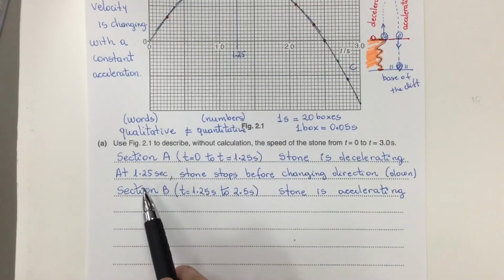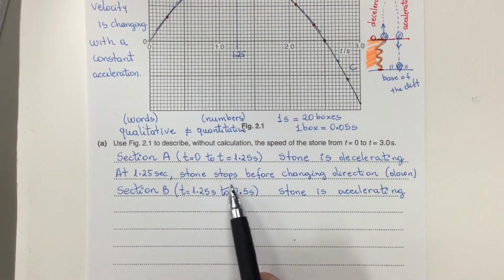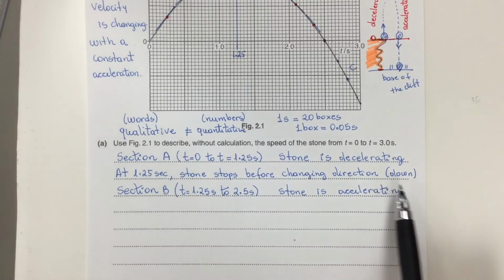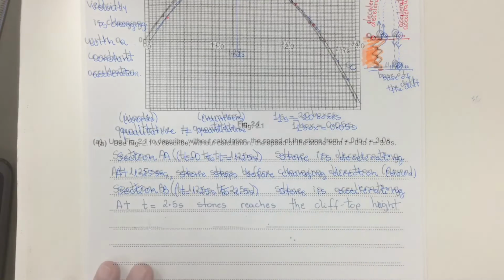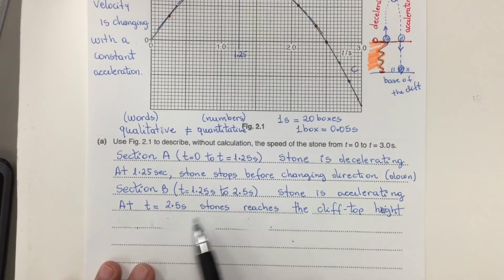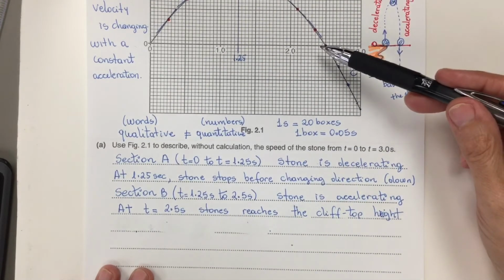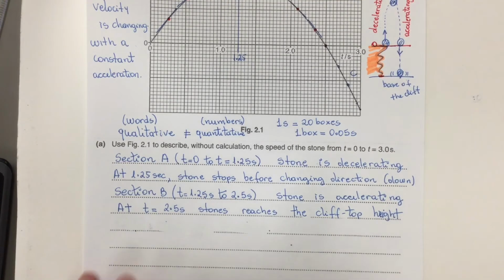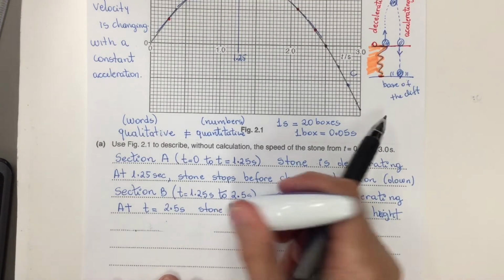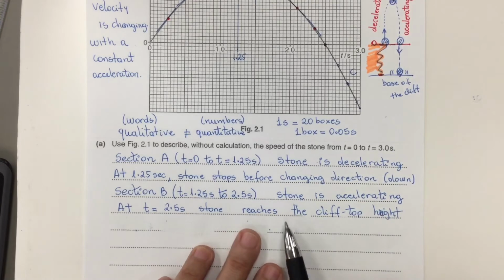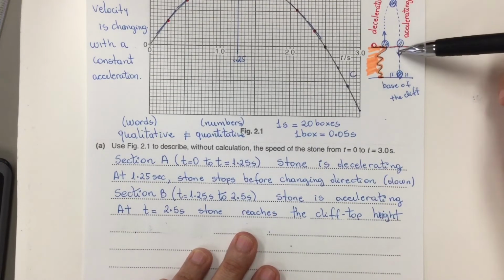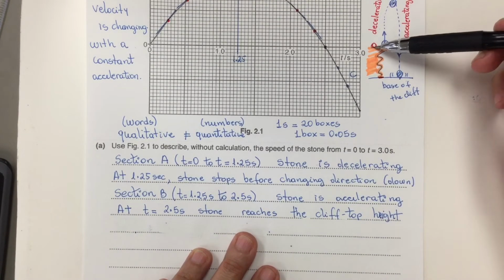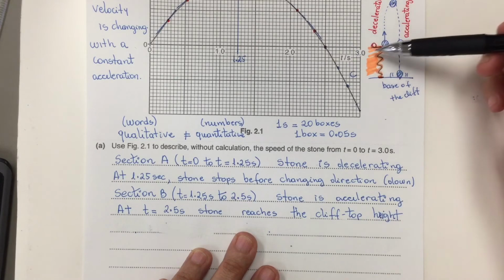At 1.25 seconds, the stone stops before changing direction as it goes down. At 2.5 seconds, the stone reaches the cliff top height right here. That is the 0 reference.